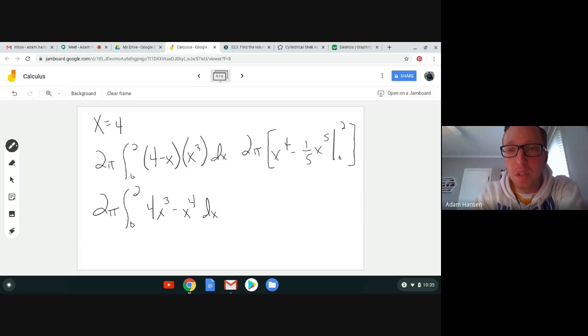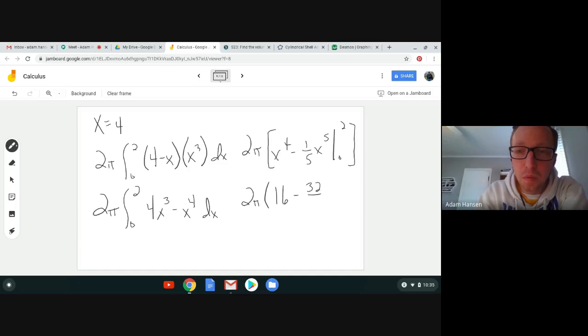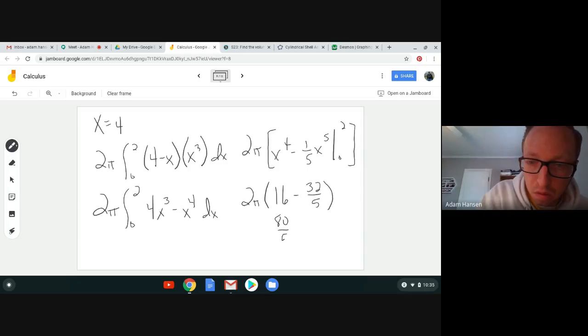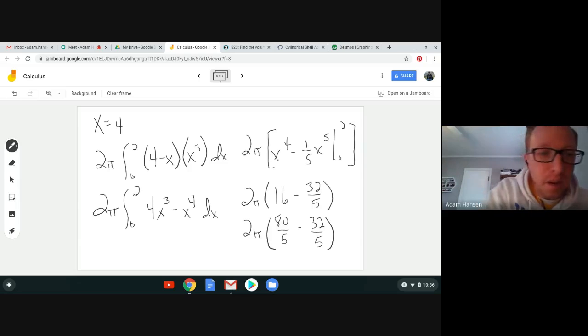2 to the fourth is 16. Two to the fifth is 32. So 32 fifths. If I find a common denominator, I think that's going to be 80 fifths for 16. 80 minus 32 is 48.